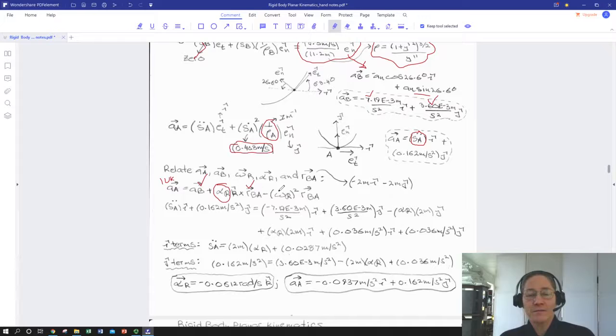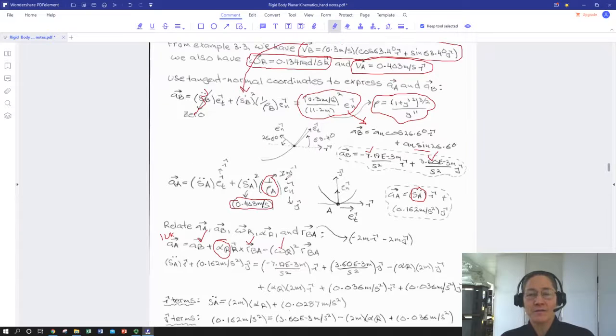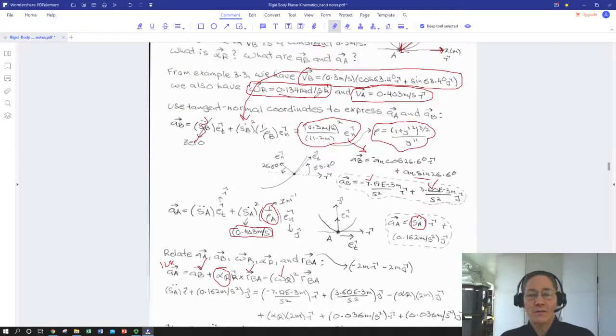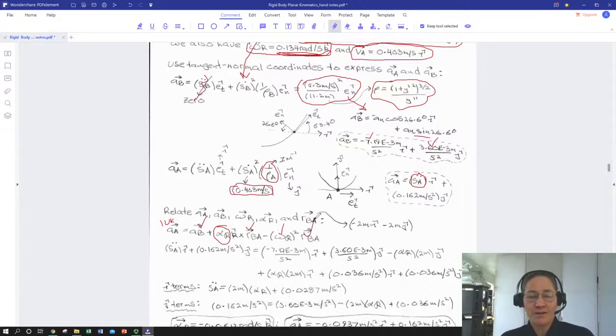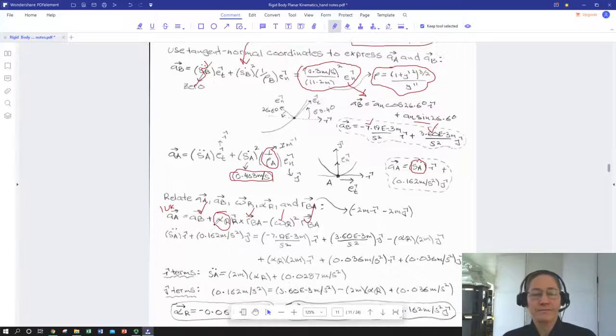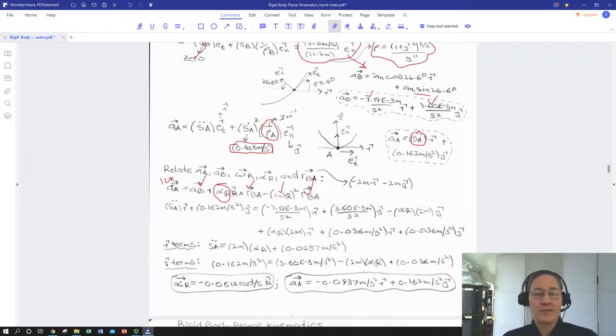We know this from our previous work to find velocities, and we know this. Aha! So we have two unknowns.